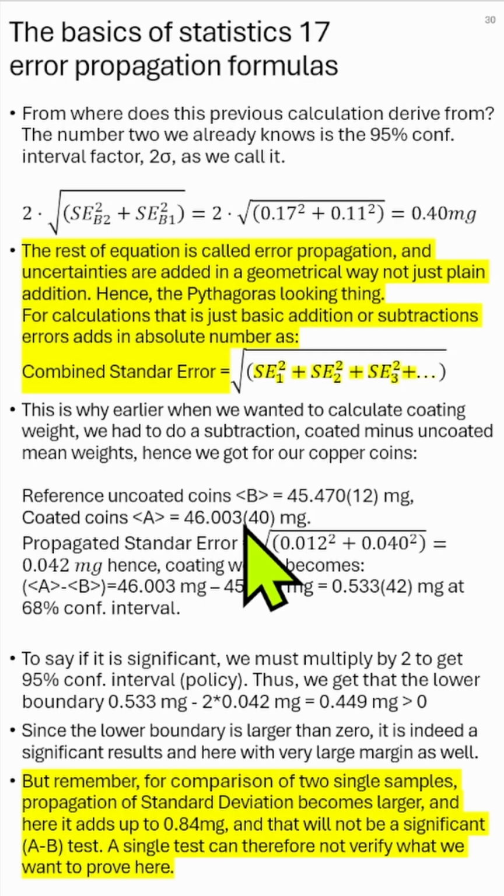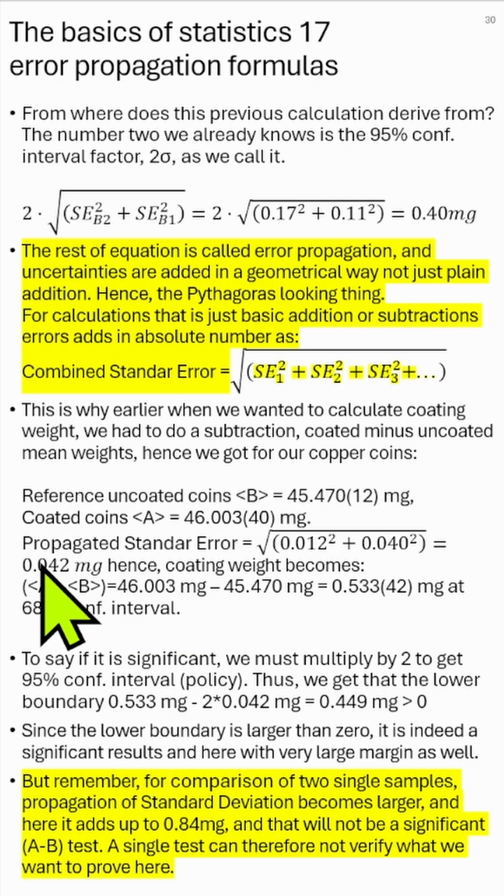So, since we want to do a subtraction comparison here, A minus B, the mean value of A minus the mean value of B should be larger than 2 times that propagated standard error. So we do the Pythagoras thing. The standard error of the first set was 0.012, take that in square, plus the standard error of the second set, 0.040 in square, sum them together and take the square root of that.